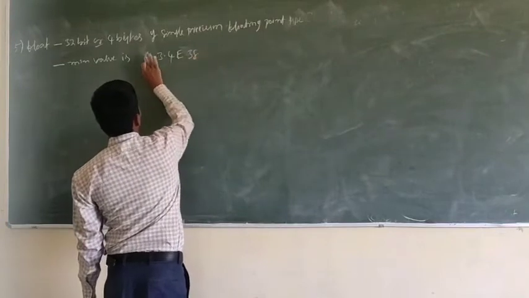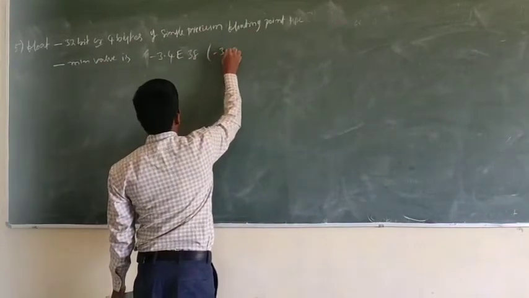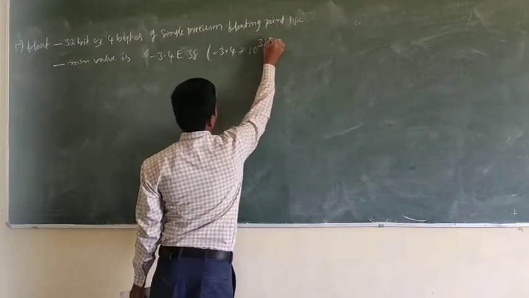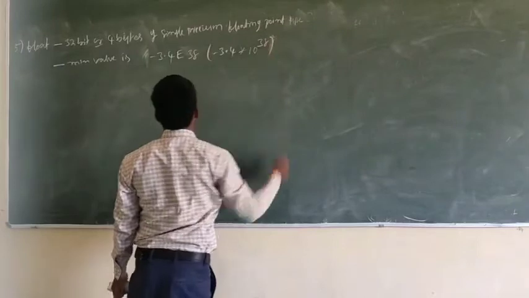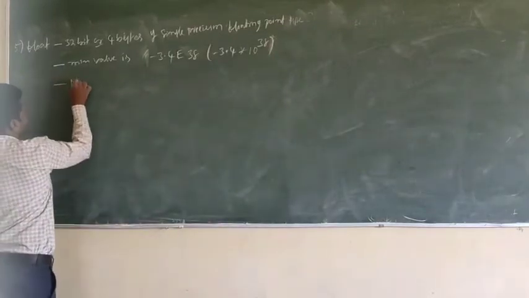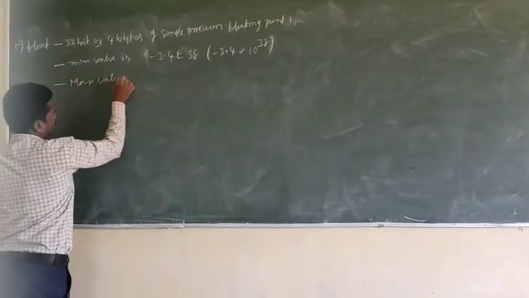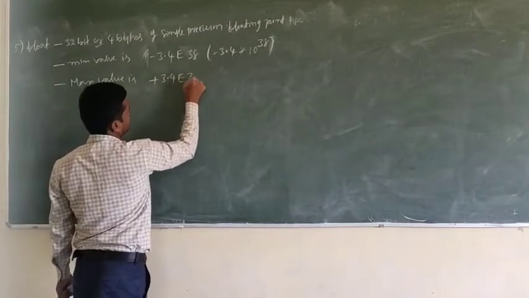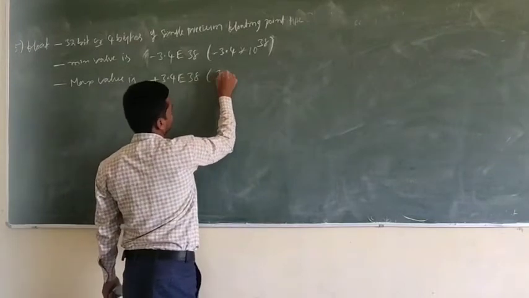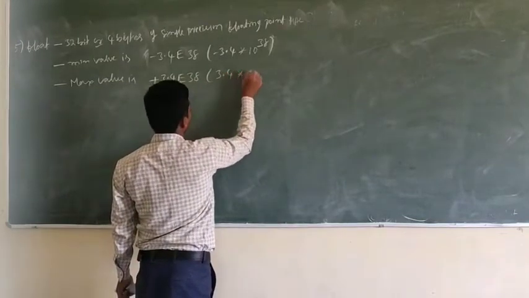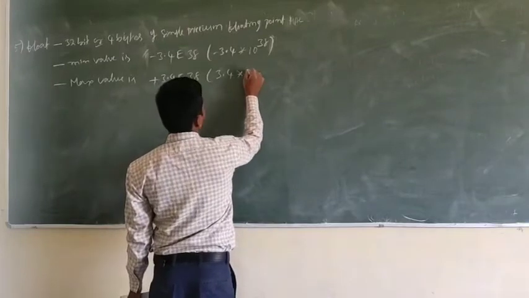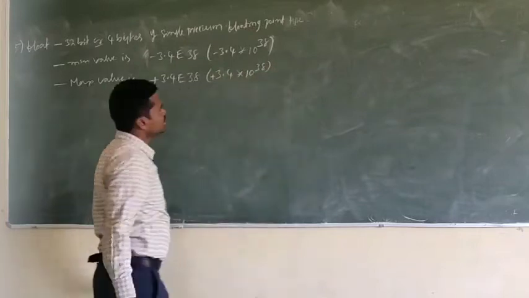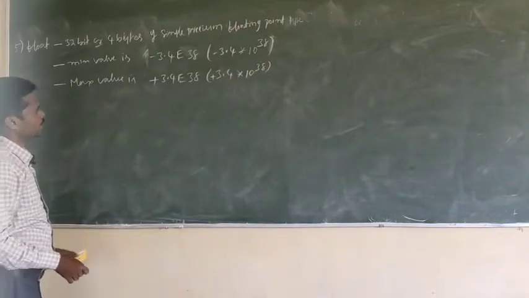So this can be represented like this: minus 3.4 into 10 to the power of 38, and the maximum value is plus 3.4 E 38, which is 3.4 into 10 to the power of 38. So this is the range of values of float type.